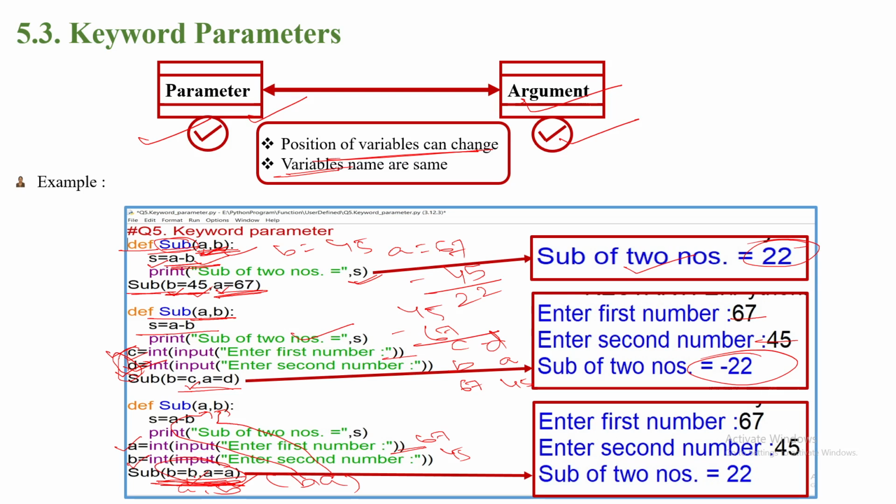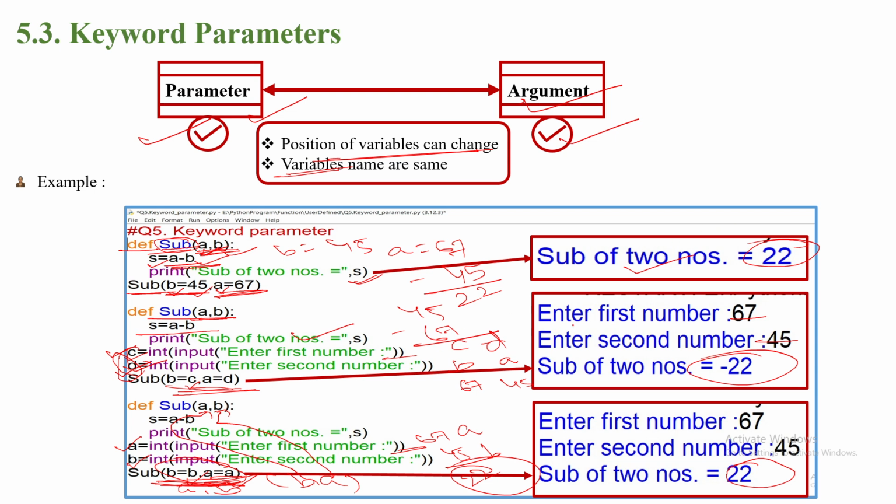Now b equal to b I have written, a equal to a. You can change this order also, just like I have done here. So b equal to b, this is the b value, this is the a value, and whenever you do a minus b, the subtraction value will be 22, right?